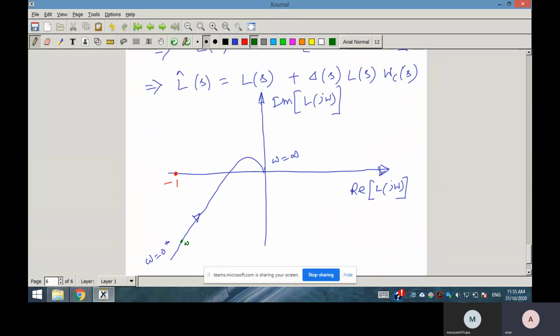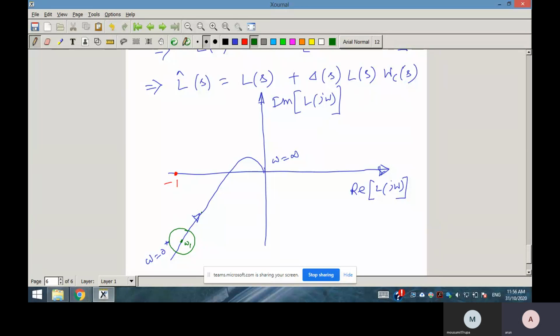But what is the region within which L hat j omega 1 will lie? It will lie within some disc. What is the radius of this disc? The radius of this disc is mod of L j omega 1 into W c j omega 1.